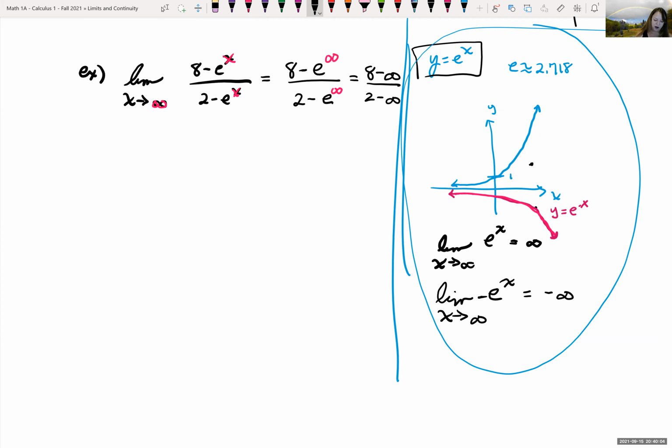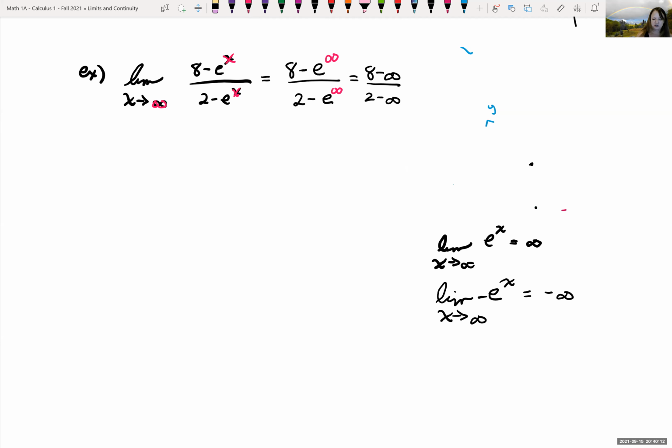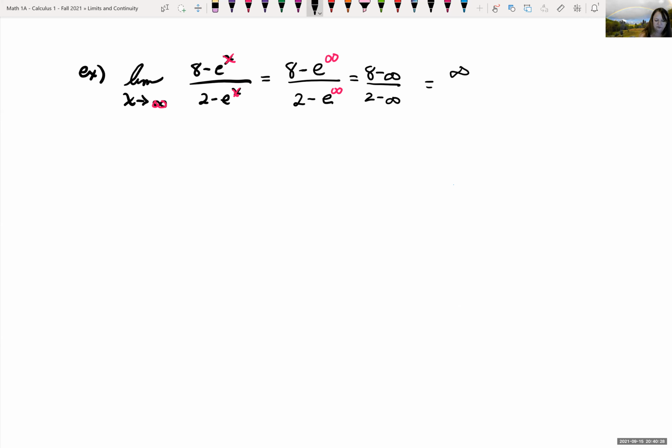And now we have a problem, because 8 minus infinity is just -infinity, and 2 minus infinity is just -infinity. So -infinity over -infinity, we can cancel the negatives, is infinity over infinity, which is an indeterminate form. Okay, so that didn't tell us anything.